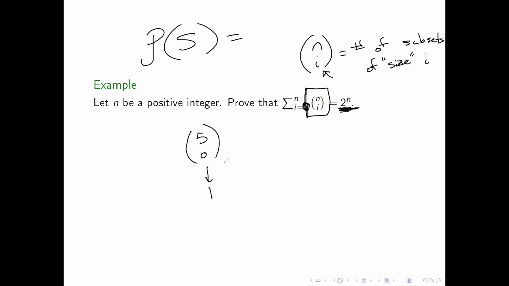So we have this plus, what's 5 choose 1? All the subsets that have one element. And of course, there are clearly going to be 5 of them because you just pick each and every single one of them.